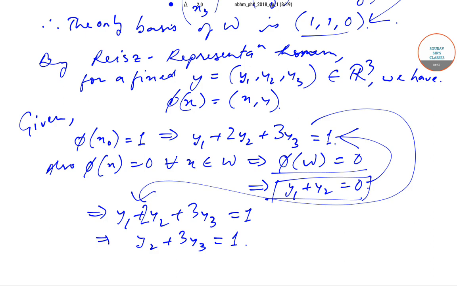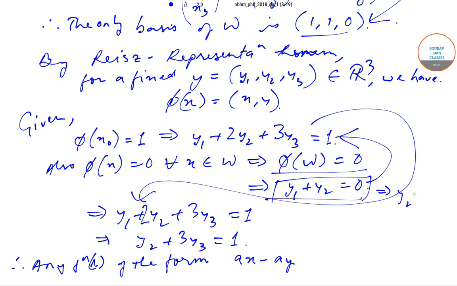Then we can write that any functional of the form, remember that this functional is linear, of the form ax minus ay plus cz, since y2 is equal to minus of y1.